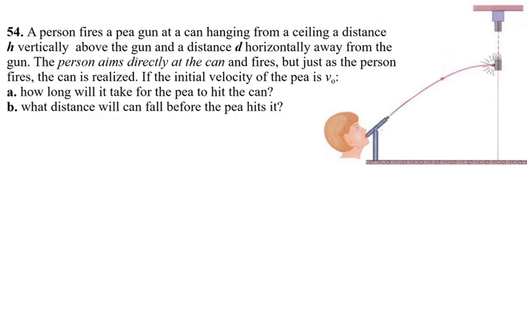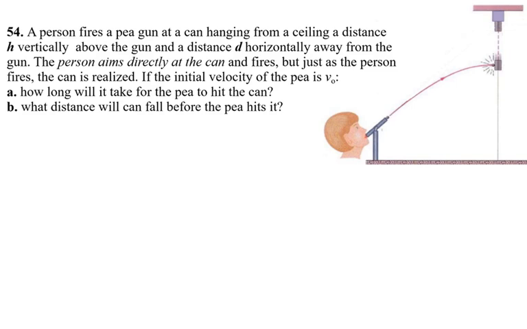Here's one more question that I want to do with you before the video is over, and I might be able to have a little bit of time left and I will do some easier question. A person fires a pea gun at a can hanging from a ceiling at distance h vertically above the gun and a distance d horizontally away from the gun.